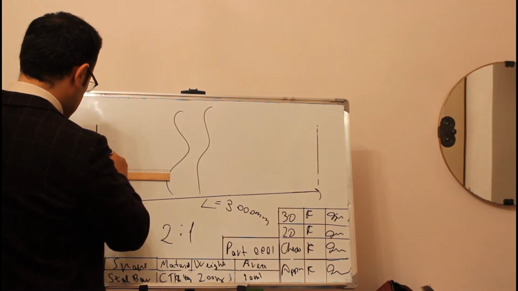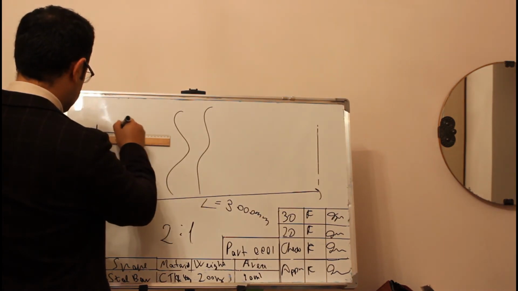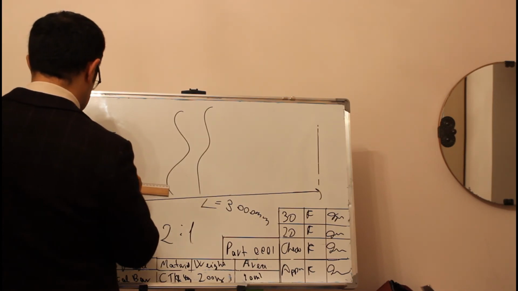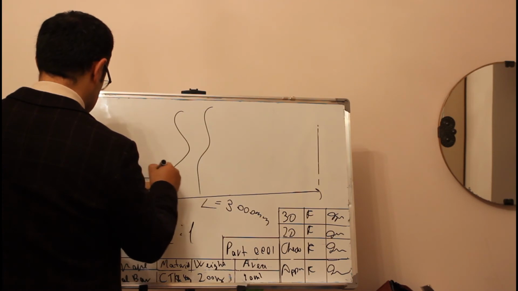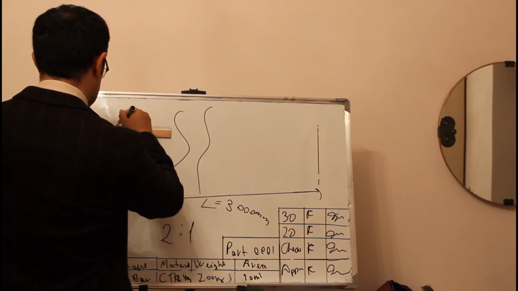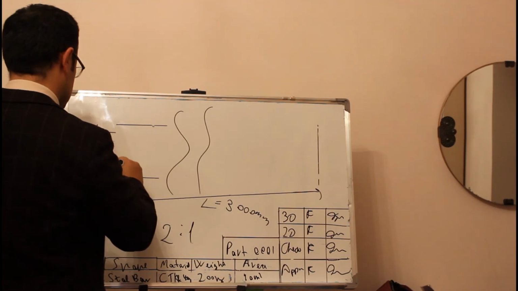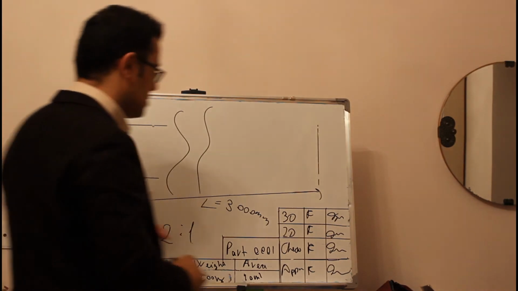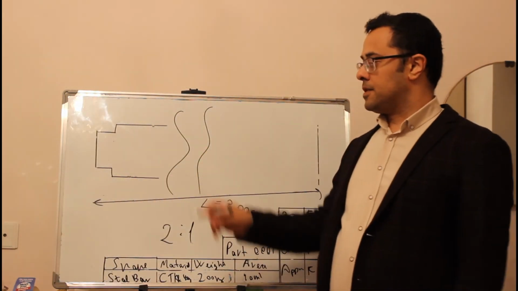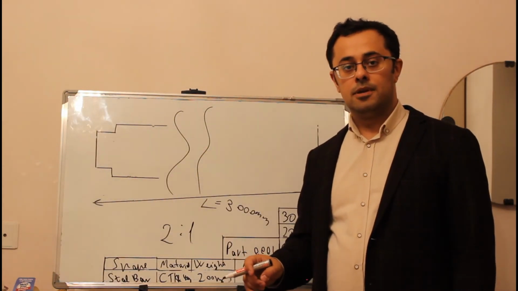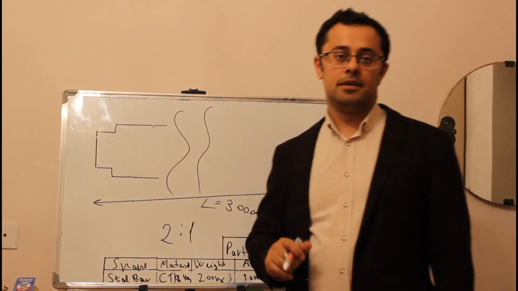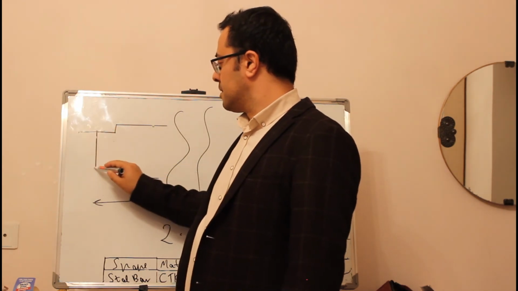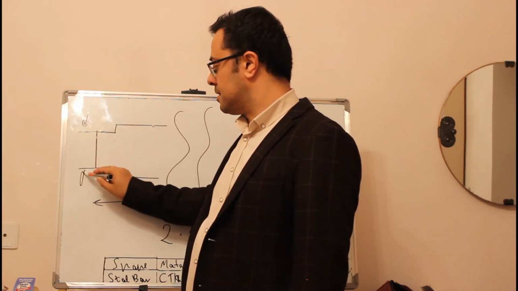This is the head of the shaft. It has something like this. The head of the shaft is like this because we will put a bearing there, and in order to put a bearing we will give its diameter.